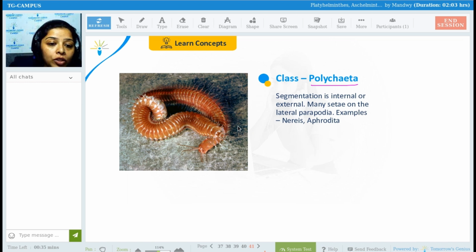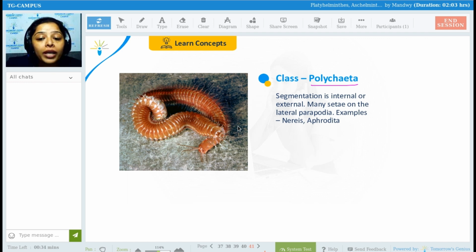So let's see the first one, Polychaeta. As you can see in the image, externally they are segmented, right? But it is not only externally, internally also they are segmented. Plus they have setae also, right? As they have segments, metamers, they will have parapodia also, because parapodia is nothing but the segments, metamers.